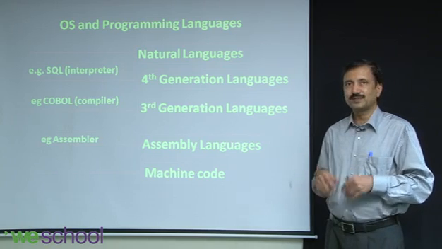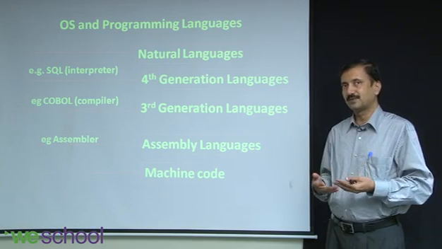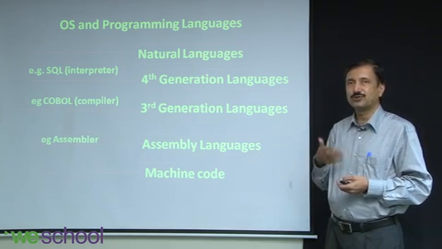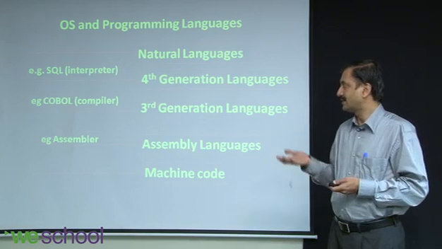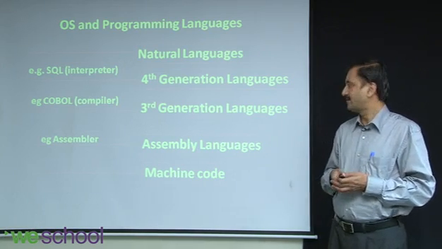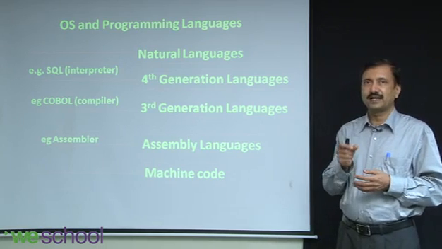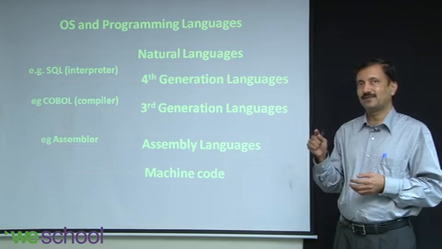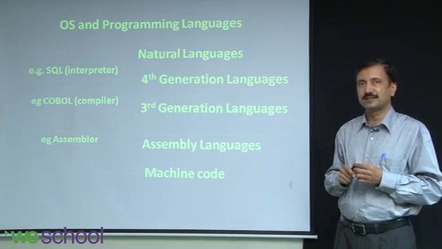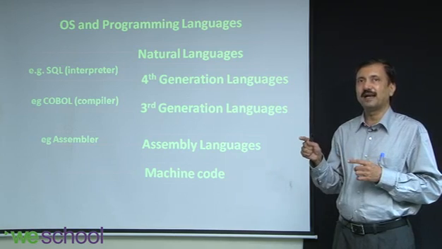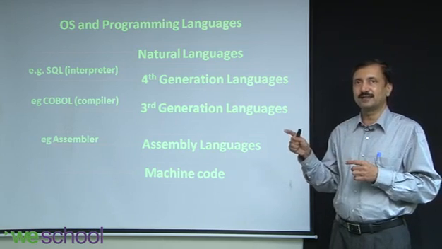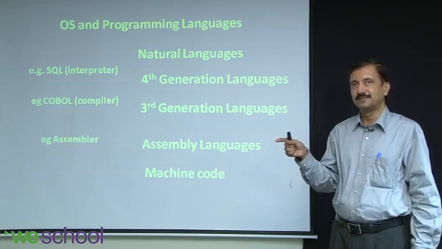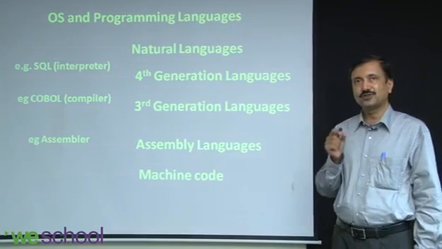Now machine code is impossible for you and me to write programs in. So people evolved something known as a short form notation, which was known as assembly language. For example, I could say add, and the short form for add could be AD 5, 10, which says add the two numbers 5 and 10, and let's say if I put another comma there and say C, that says add 5 and 10 and put it in C. So assembly language is a short form notation.